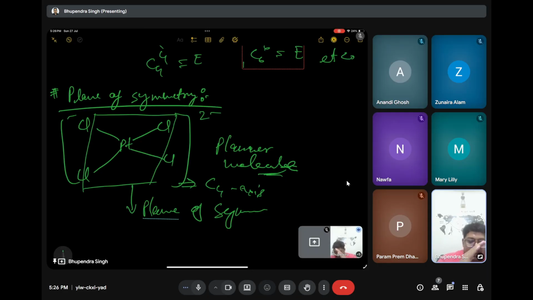But in this case, it is not the case, because no atom is above and below the plane. So that is why there is no reflection. The plane is containing all the five atoms.